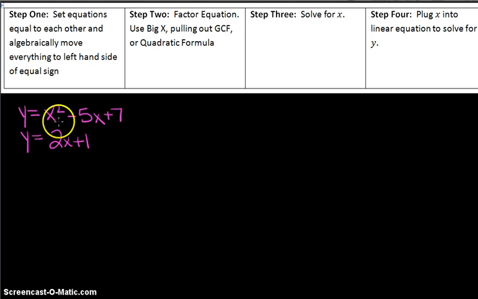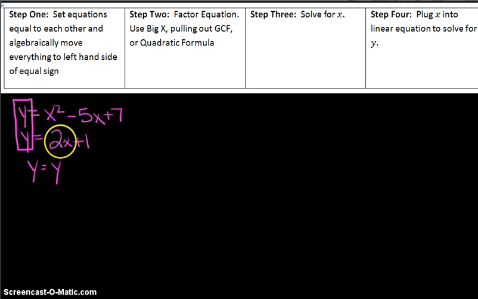Okay, guys, so here are the two equations that we're going to start solving algebraically. So step one, we're going to set the equations equal to each other, and we can do that because we've got two values that are equivalent. Y is equal to y always, just like 1 is equal to 1, 2 billion is equal to 2 billion.